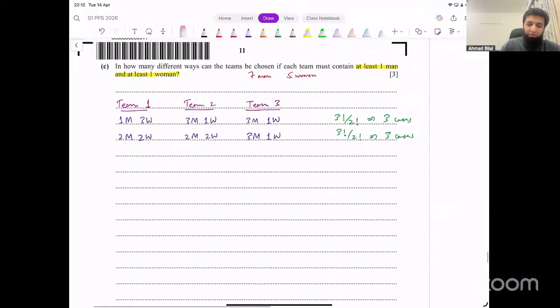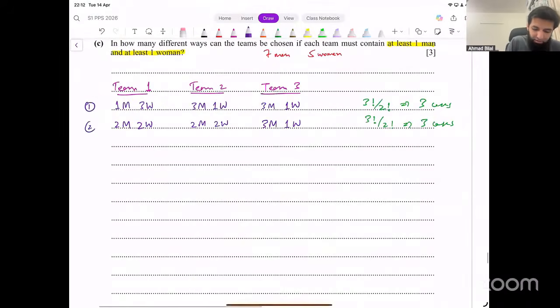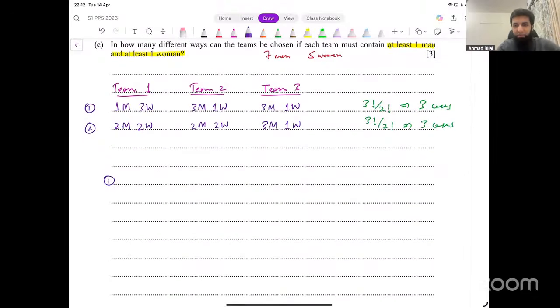Now, what about the number of combinations? For the first case, we need to divide the teams now. Why do we divide them by 2 factorial? Because two groupings are identical.